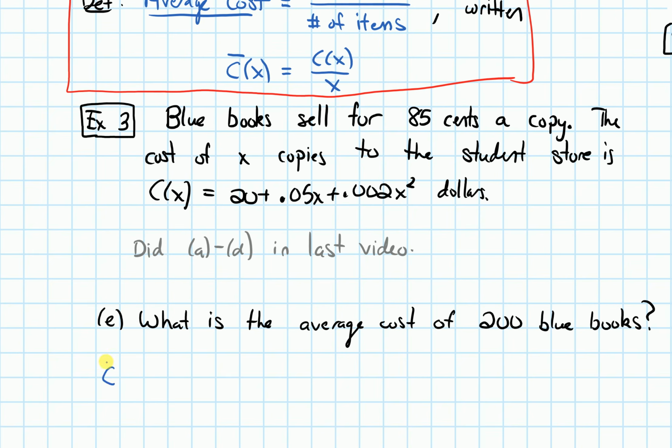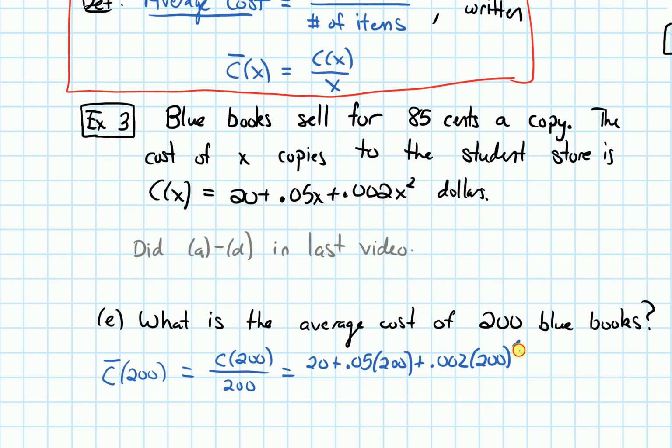In other words, with our notation, we write C with a line on top of it of 200. That means the average cost of 200 blue books. Using the formula for average cost, we take the total cost, which is C of 200, and we divide it by the number of items, in this case 200 items. If we plug 200 into our cost function, we get 20 plus 0.05 times 200 plus 0.002 times 200 squared, and then divided by 200.